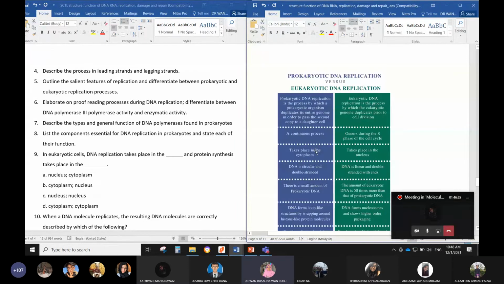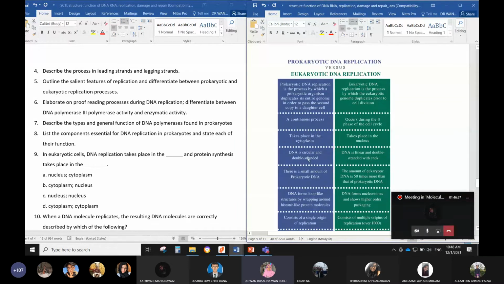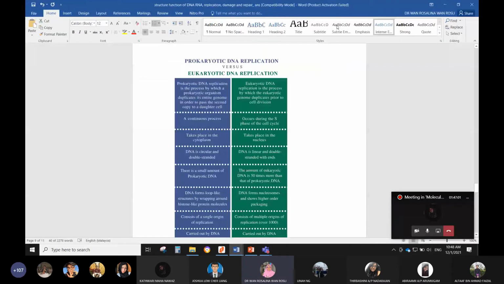So what are the differences between prokaryotic and eukaryotic DNA replication? Both the prokaryotic and the eukaryotic DNA would duplicate its entire genome prior to cell division.